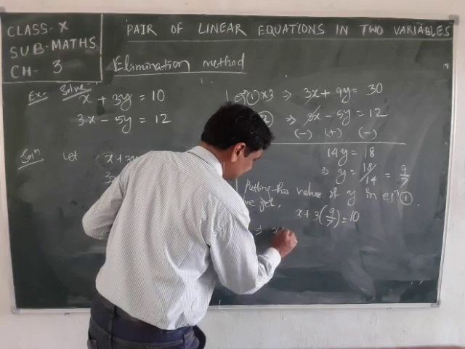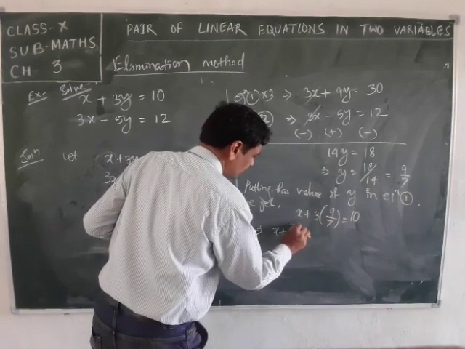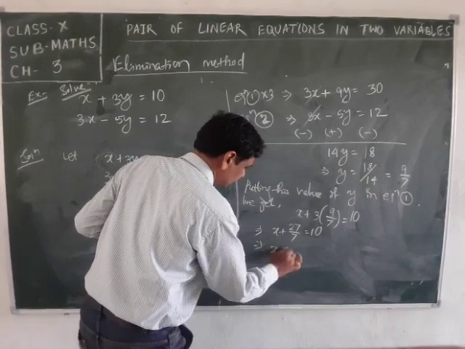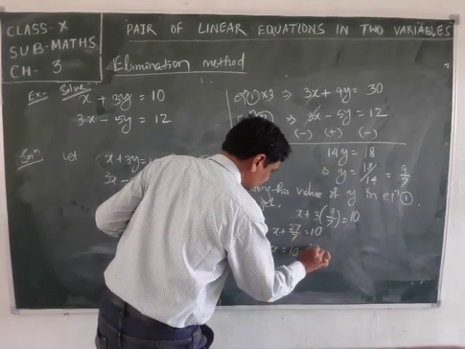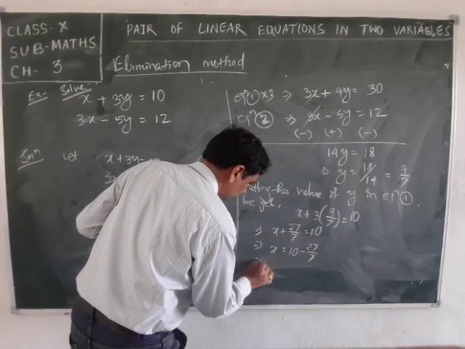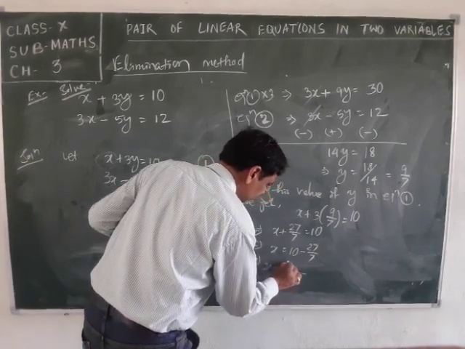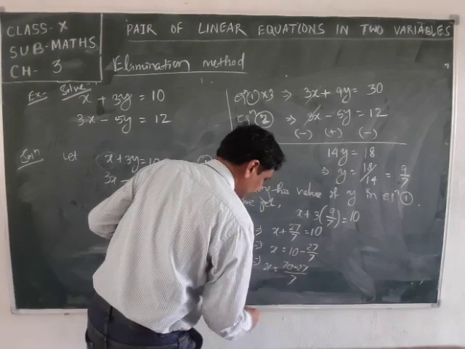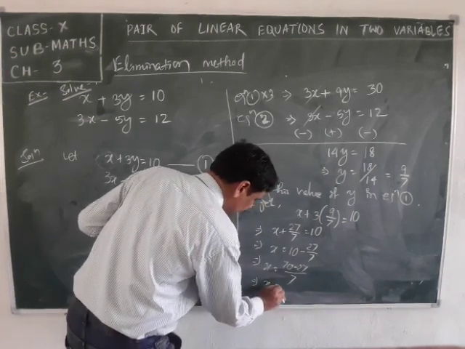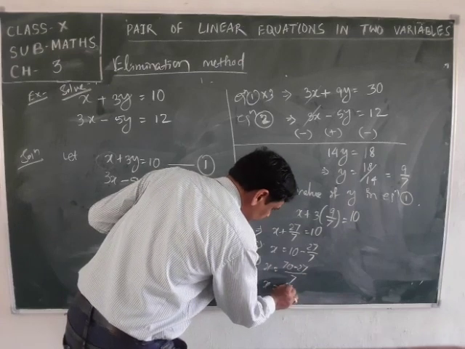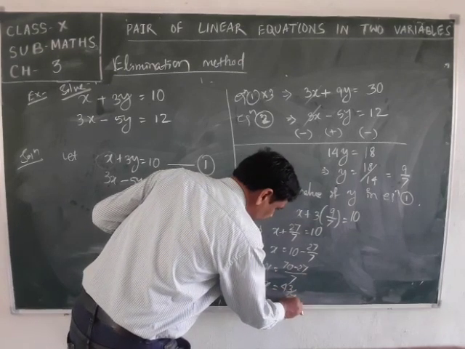This implies x plus 27 by 7 is 10. This implies x equals 10 minus 27 by 7. Taking the common denominator 7, it is 70 minus 27. So x equals 43 by 7.